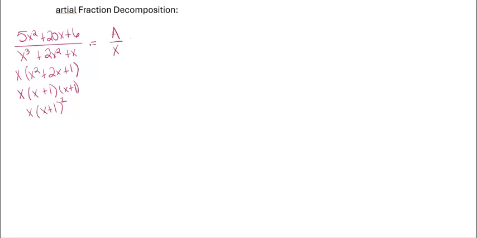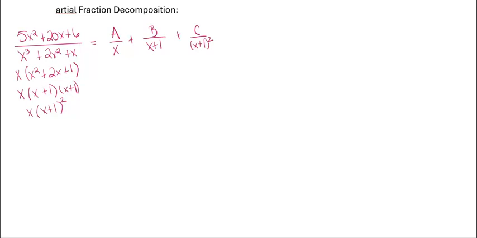But I can't have just a B over x plus 1 squared, or just a B over x plus 1. I need to have every power represented in a repeated linear factor. So I'm going to have a B over x plus 1, and a C over x plus 1 squared. Every power of a repeated linear factor has to be represented.